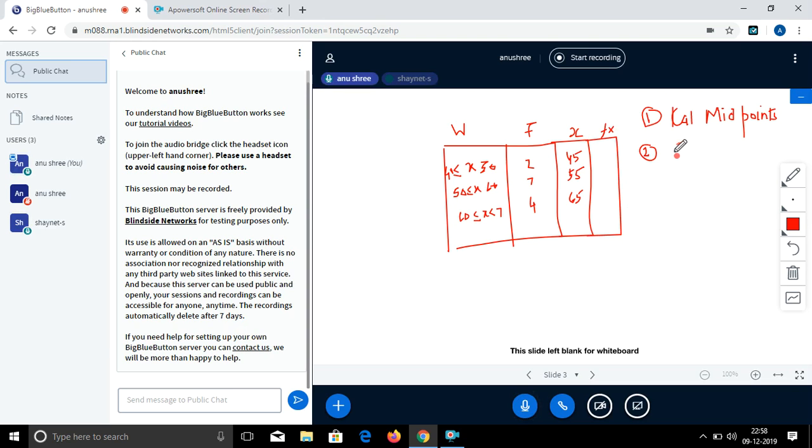Second is for every row, find frequency multiplied by midpoints.